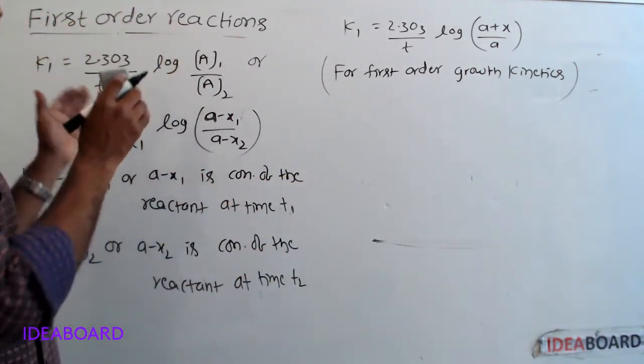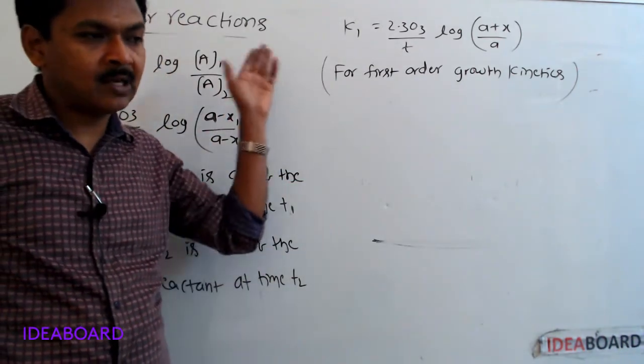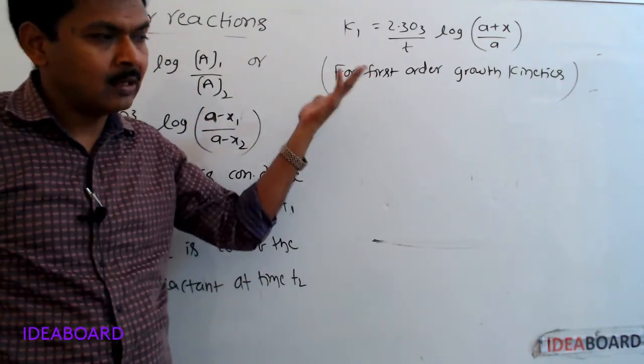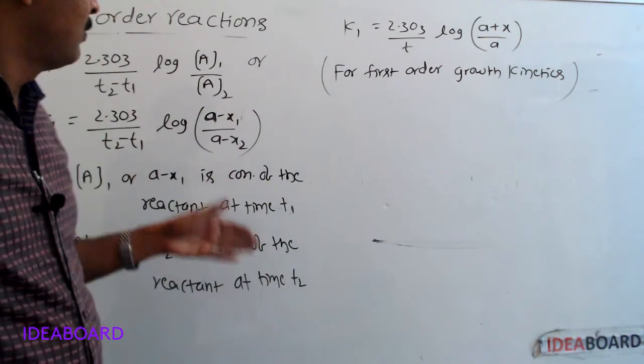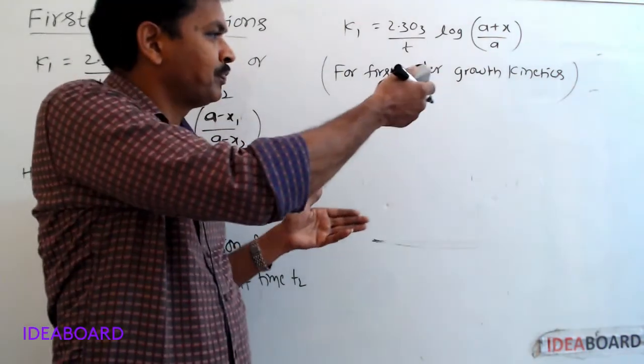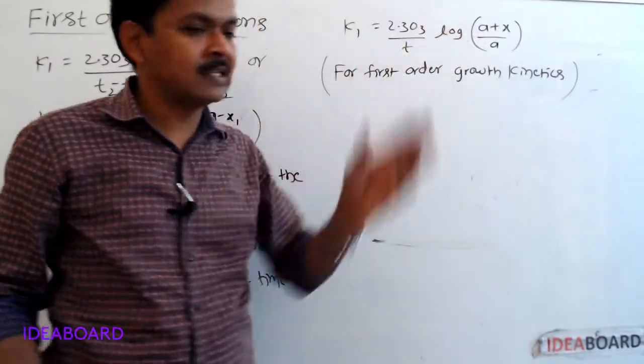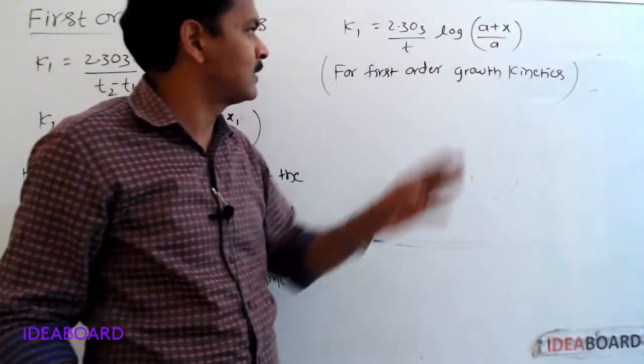That's why we have written K1 is equal to 2.303 by T log of A by A minus X, initial concentration A by A minus X. But in case of bacteria or population, it increases.